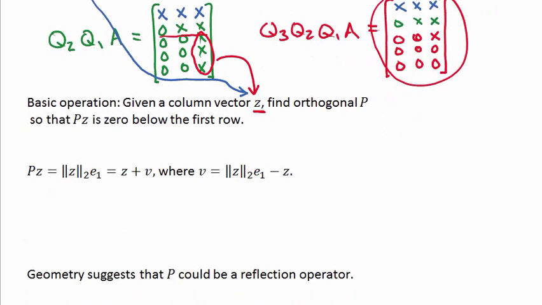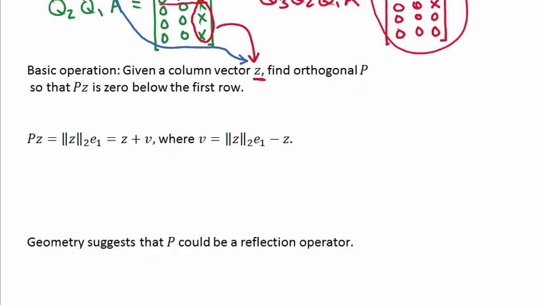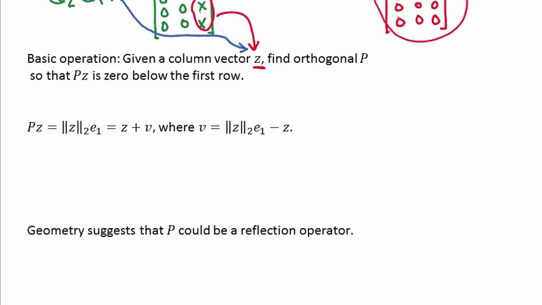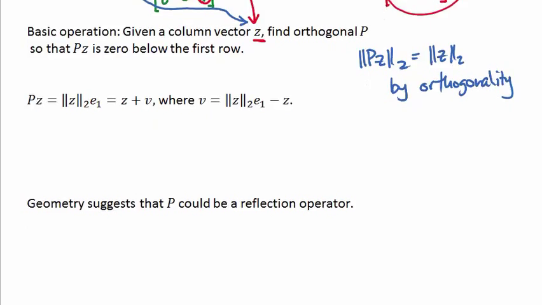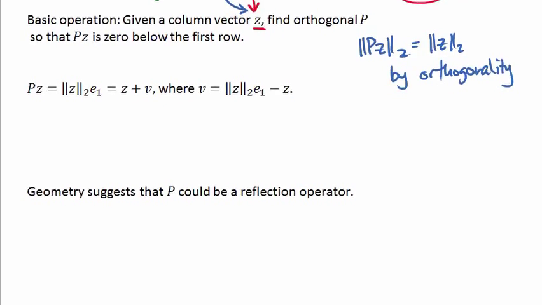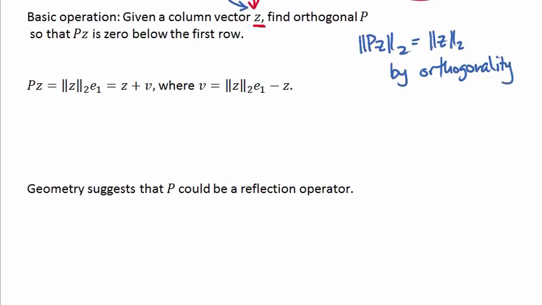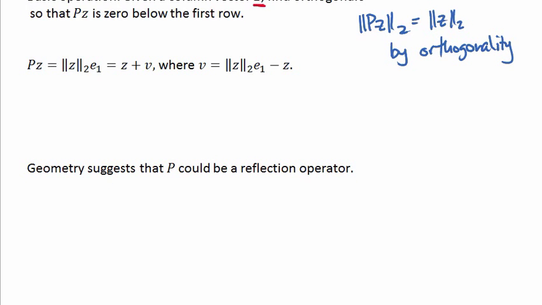Now remember that orthogonal matrices can't change the 2 norm. So whatever the 2 norm of z is, the 2 norm of Pz must be the same thing. That was a theorem we had about orthogonal matrices. And, you know, a vector which has a given 2 norm, and which is non-zero only in the first element, well, that first element has to be either positive norm of z in the 2 norm or negative.